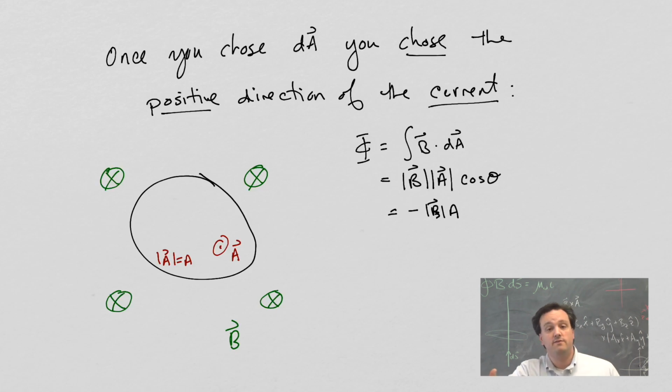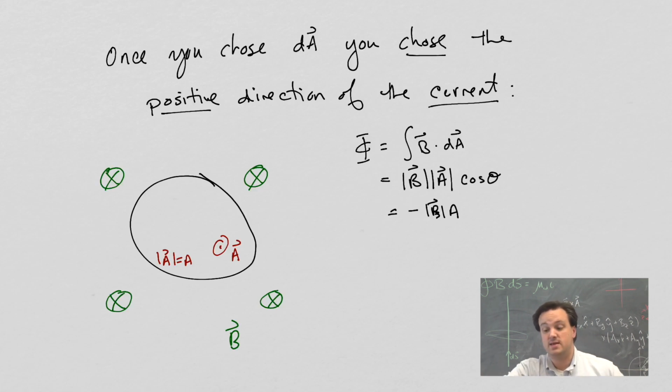You might have a little bit of discomfort with this because we've generally dealt with fluxes that turn out to be positive, except of course in Gauss's law when I had an enclosed negative charge. But remember, this minus sign comes from a choice that I've made about the direction of the normal vector to the surface.